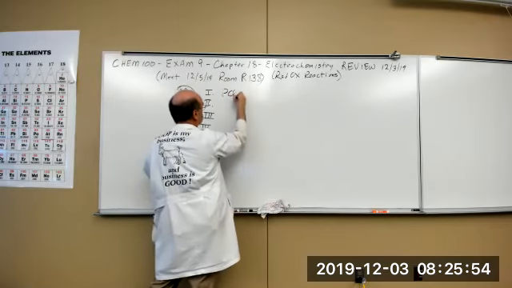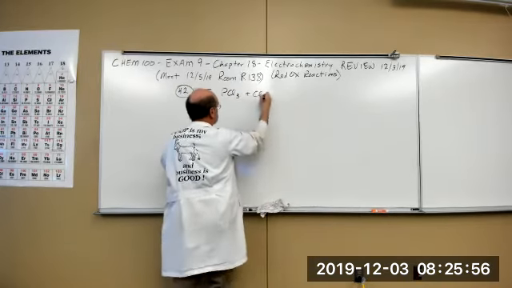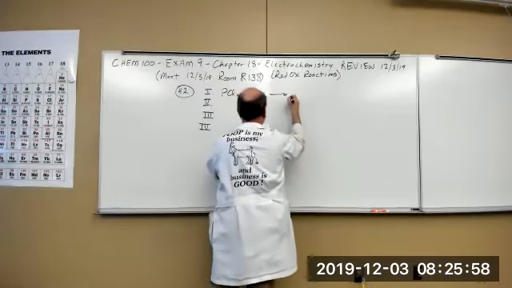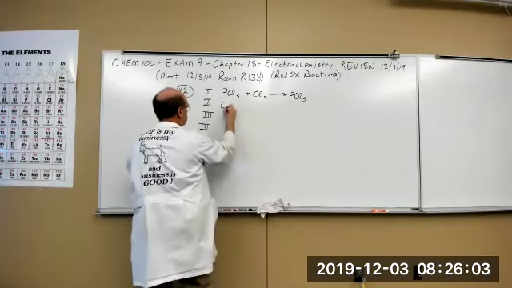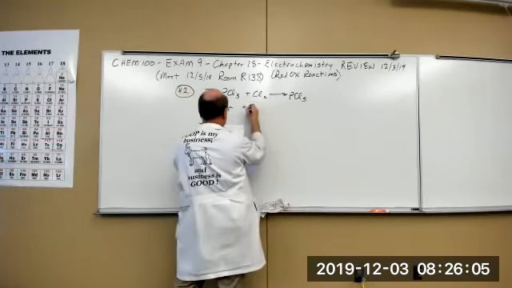Okay, PCl3 plus Cl2 yields PCl5. Copper.